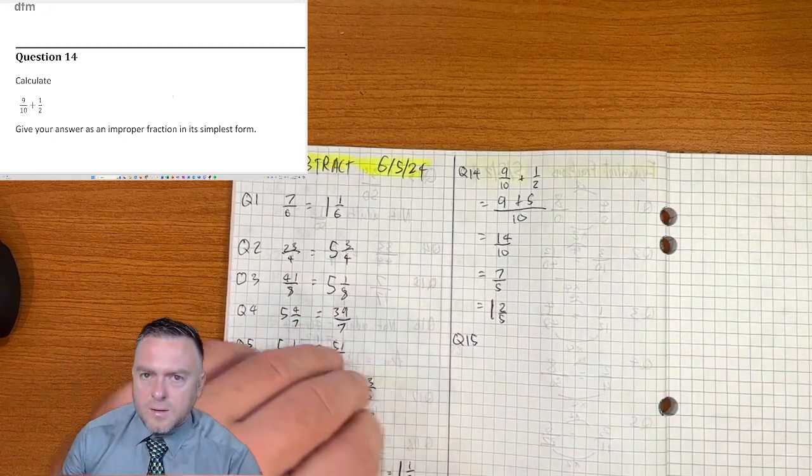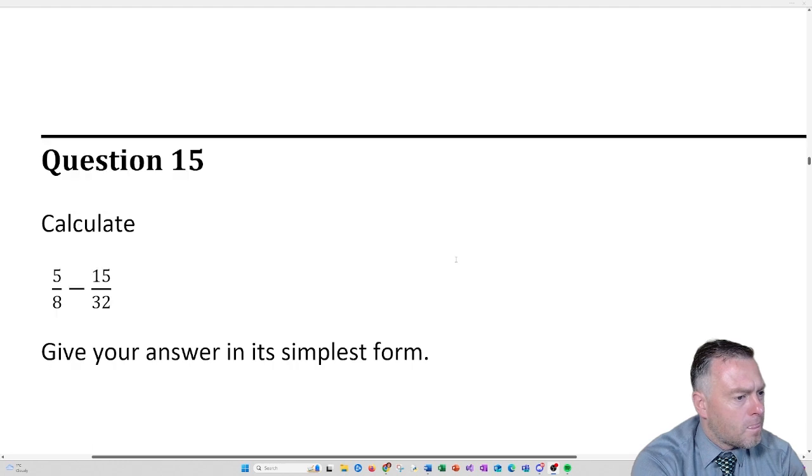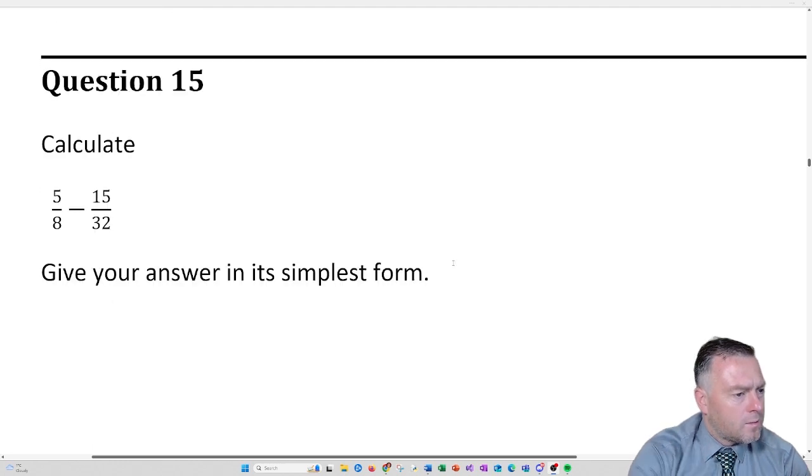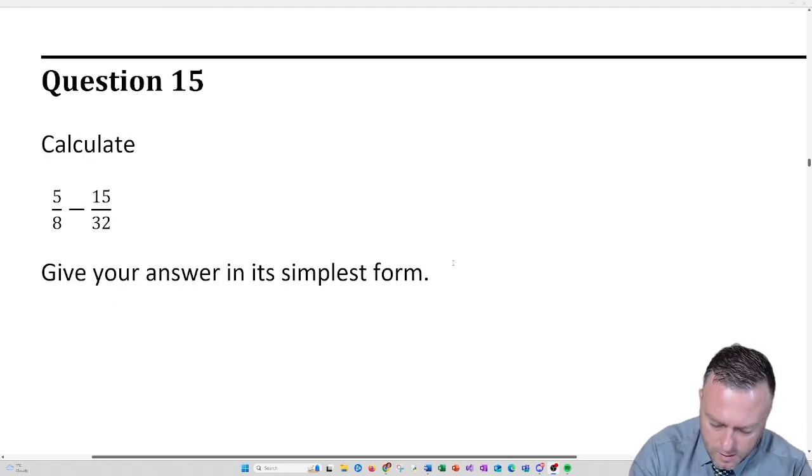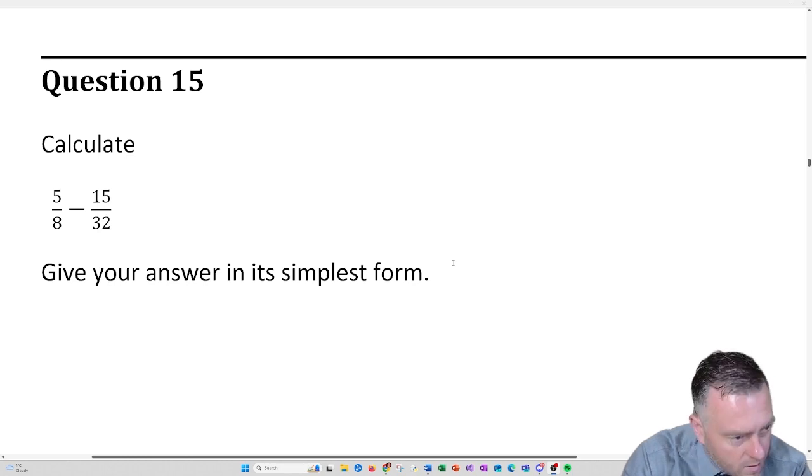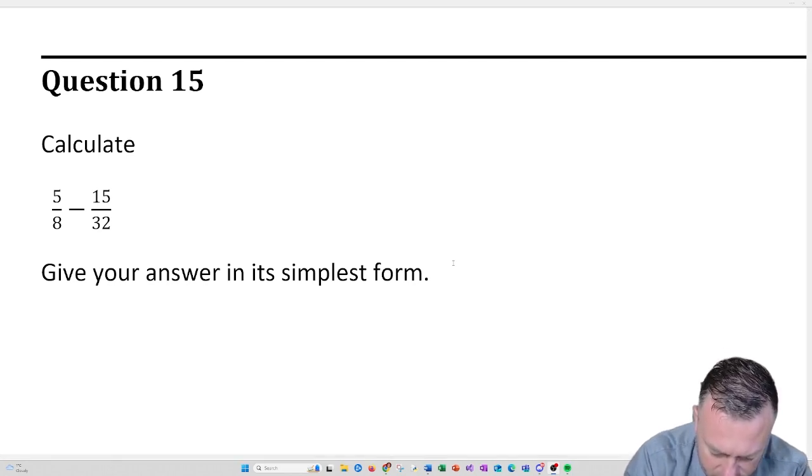Question 15. So we've got 5 on 8 minus 15 on 32. You're going to put it all over 32. 8 times 4 is 32, so 5 times 4 is 20.